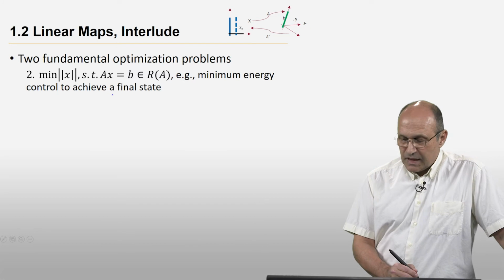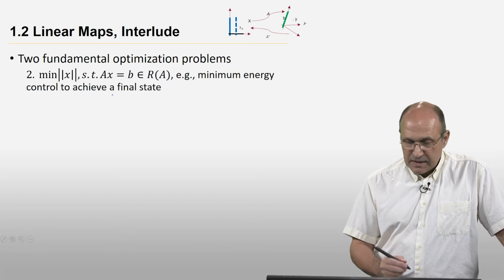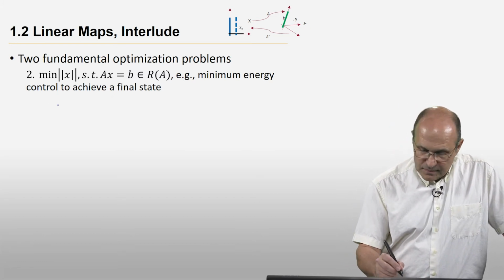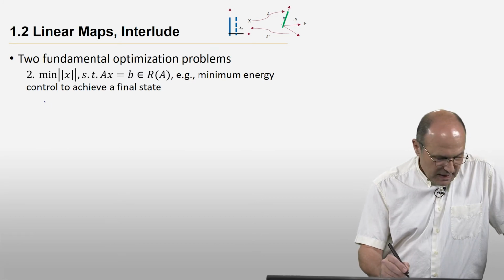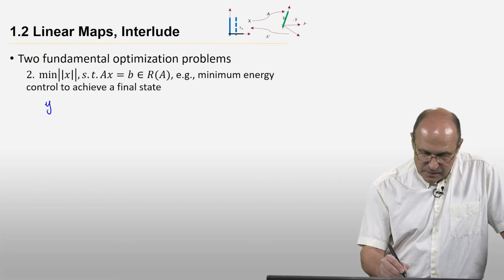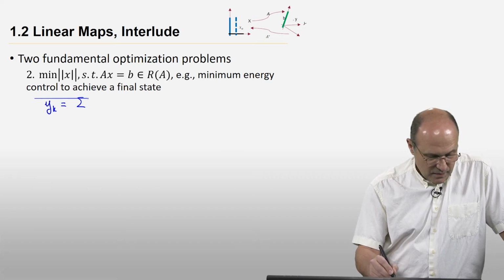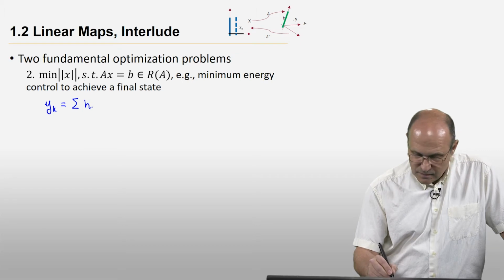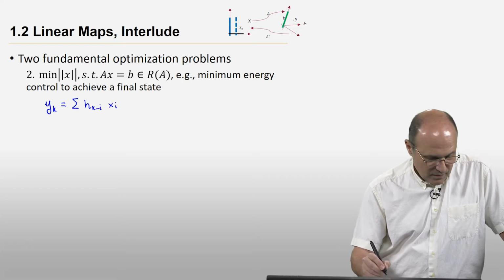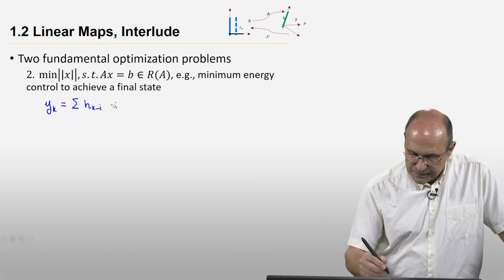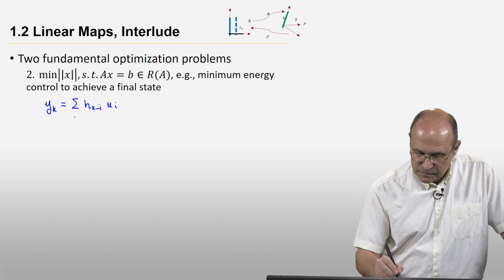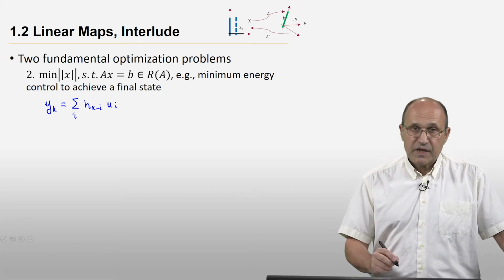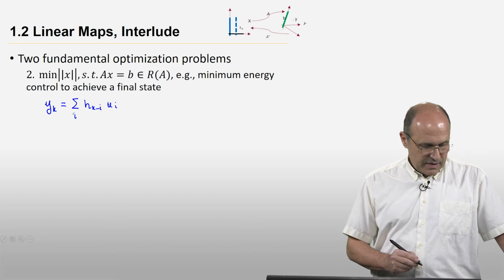Now, this finds applications in minimum energy problems, and I will define a simplified version of this problem here. So let's suppose that we have a system where the output is defined as a convolution model in terms of the input, and H is the impulse response.